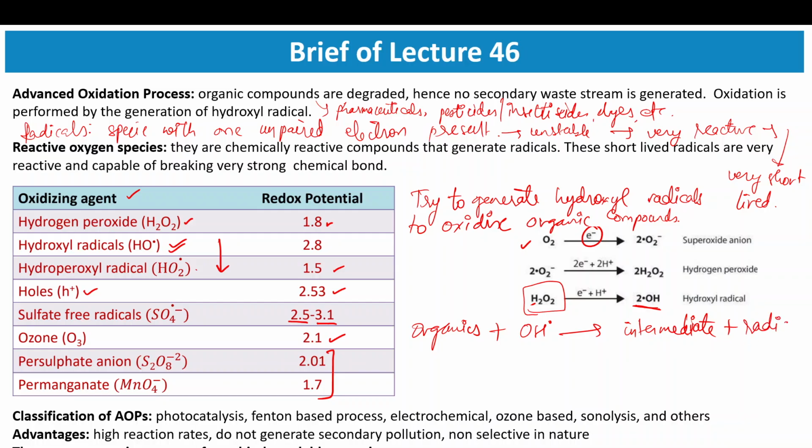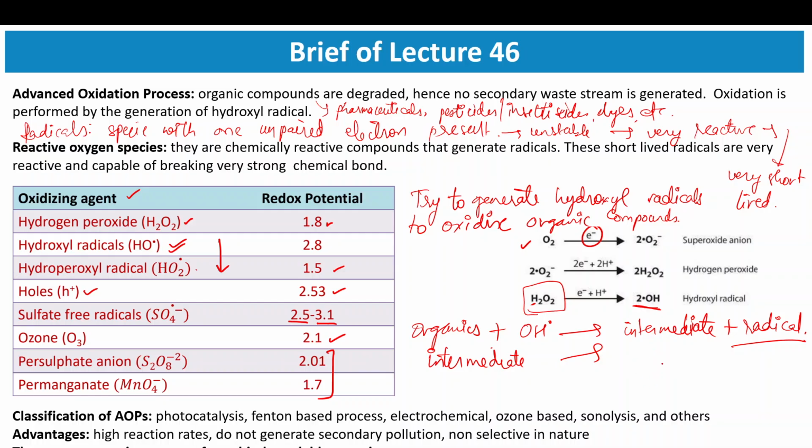Or some other byproduct. Then this intermediate again is very reactive in nature, so this intermediate can again react with some radical, or it can undergo decomposition on its own.